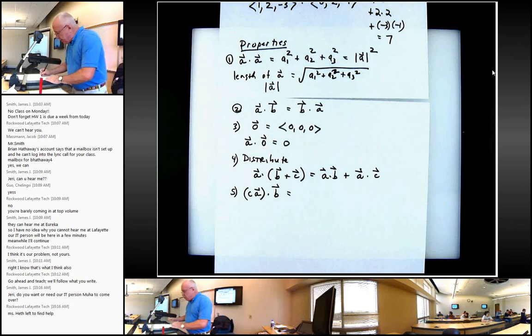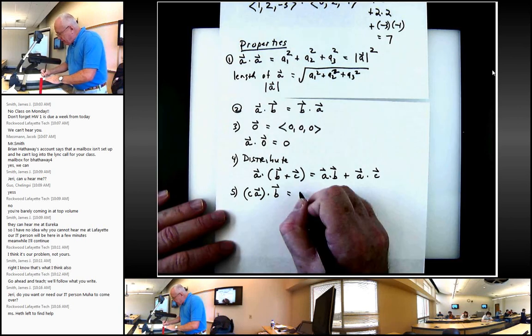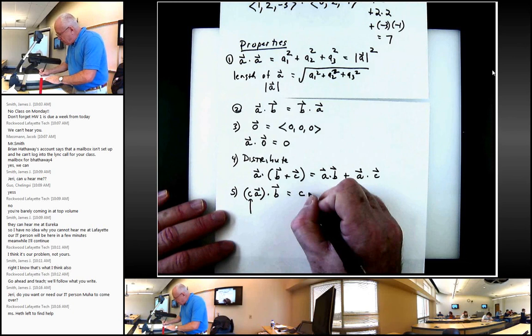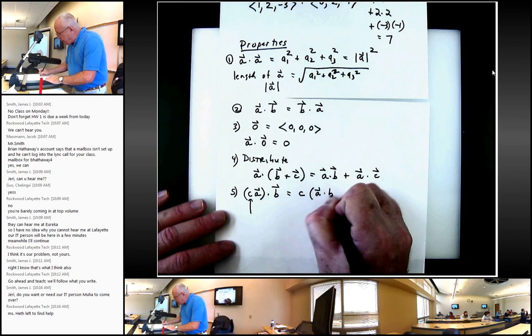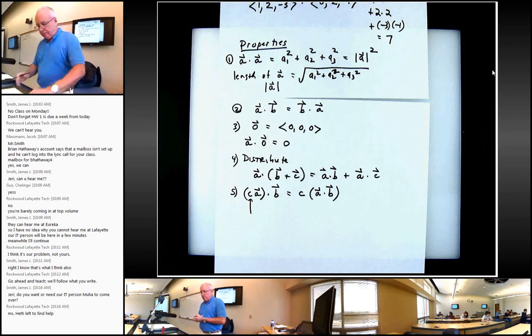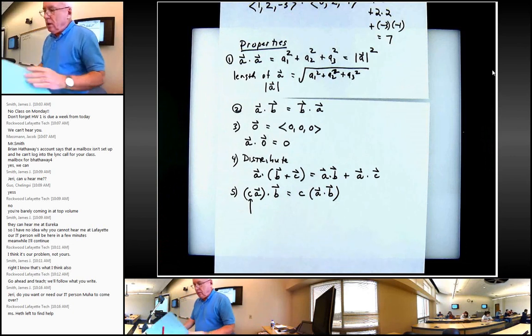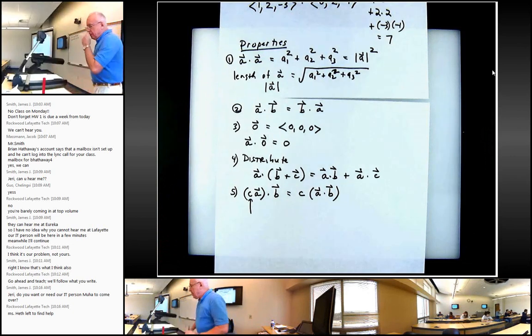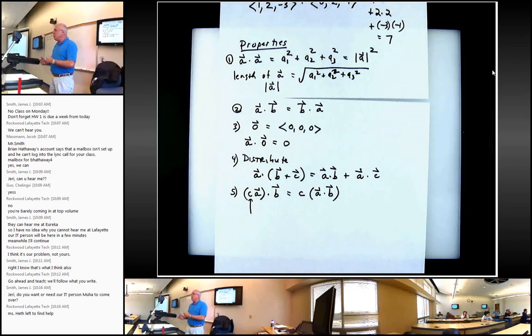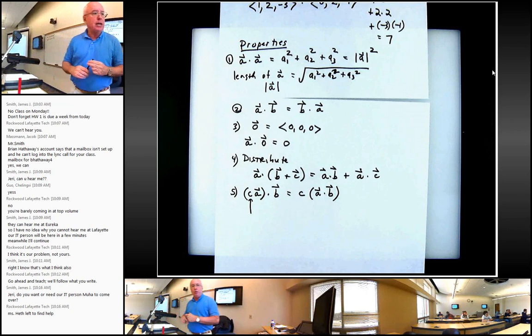What you're going to end up getting is that scalar times whatever you get from the dot product of the two vectors. All right.